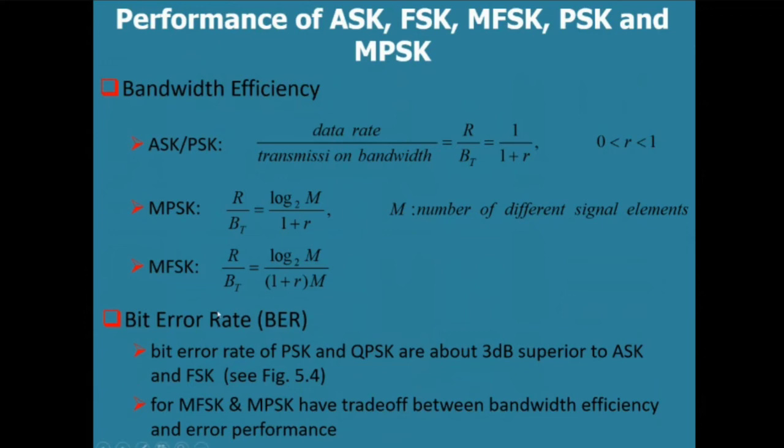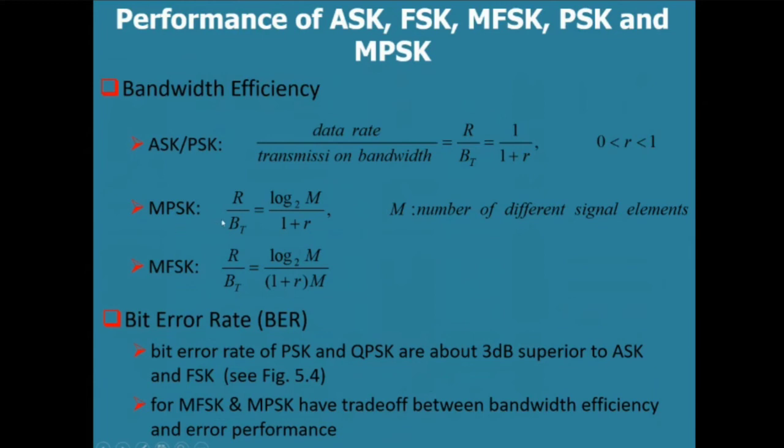So the bandwidth efficiency of ASK and PSK is the ratio of data rate to the transmission bandwidth, R by Bt, which is equal to 1 by (1 plus r), and the small r is in between 0 and 1.